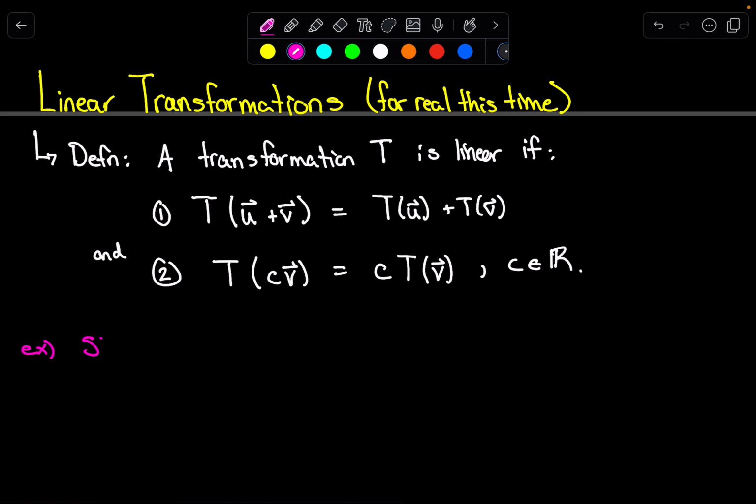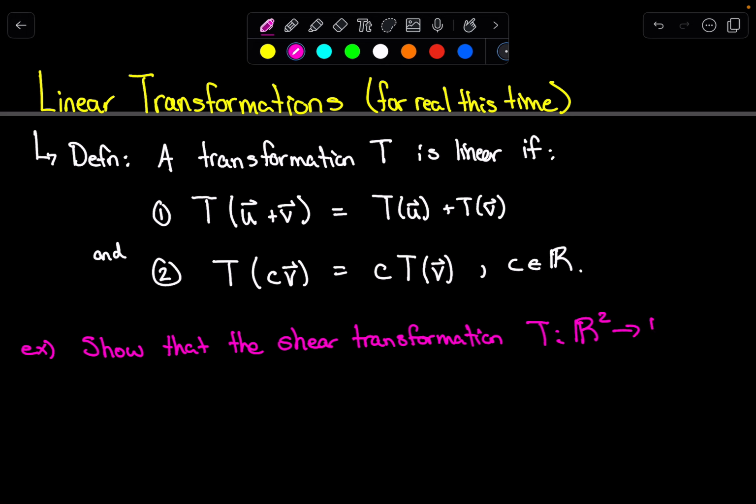you might get something that says show that the shear transformation T, going from R2 to R2, given by the vector x maps to Ax, where A is equal to the matrix with rows 1, 0 and 3, 1.